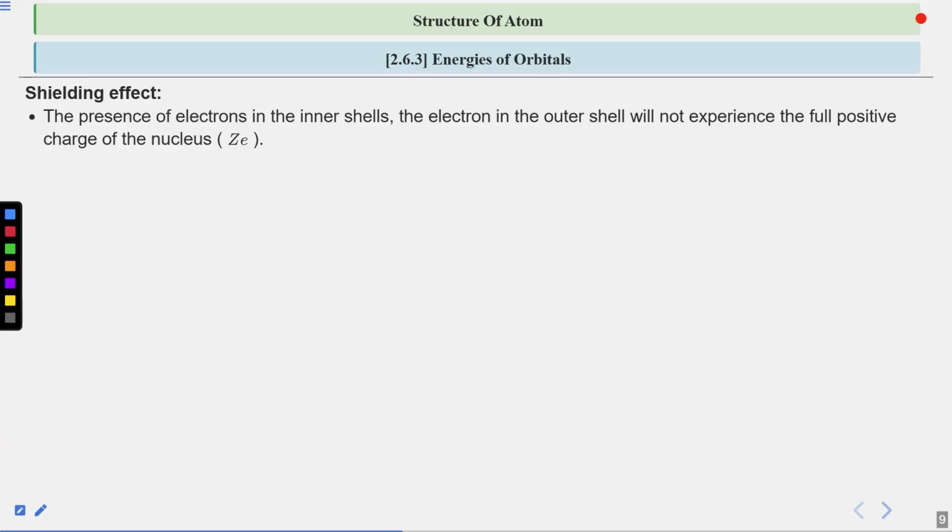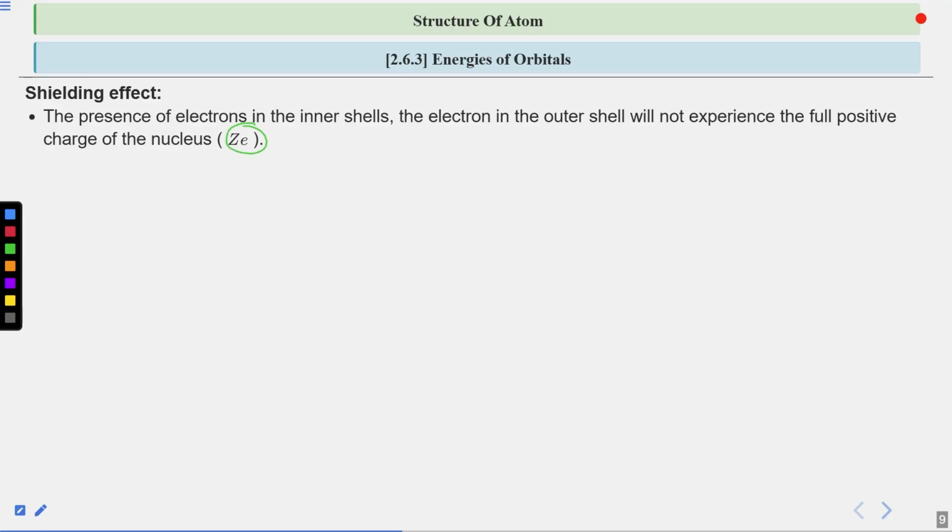First of all, if you calculate the force of attraction on an electron, you look at it from the perspective that it is being attracted by the proton. So the electron experiences a force due to the proton.